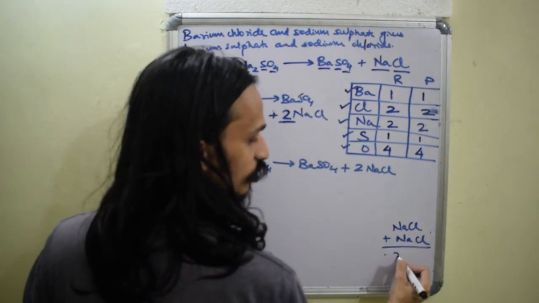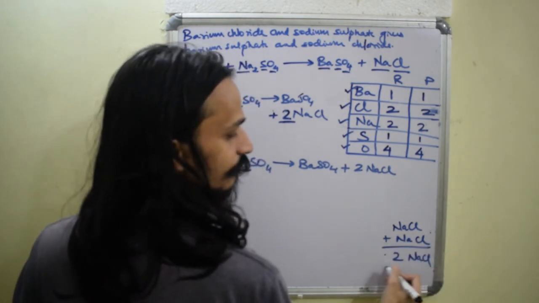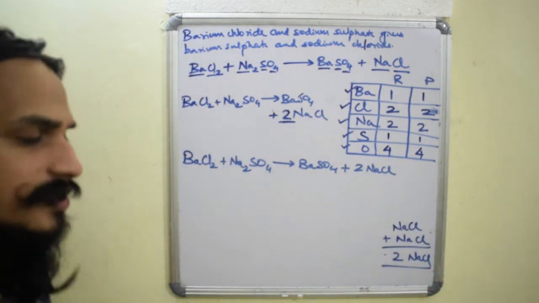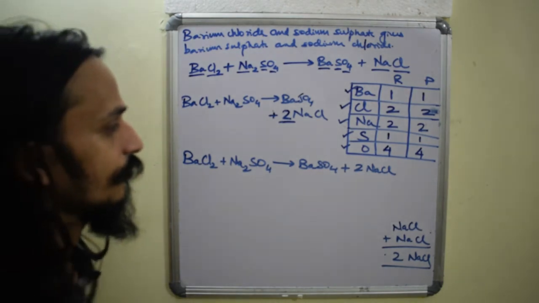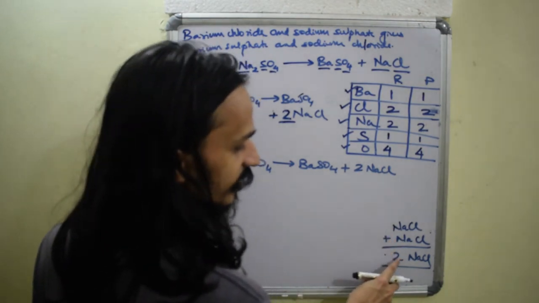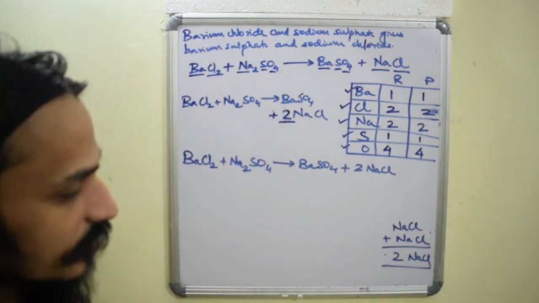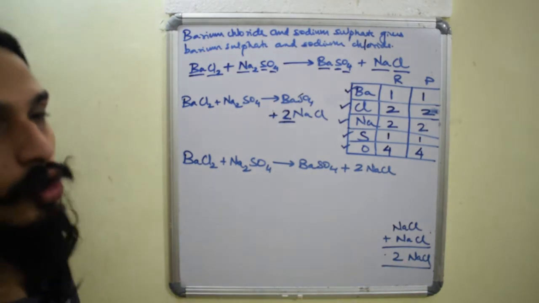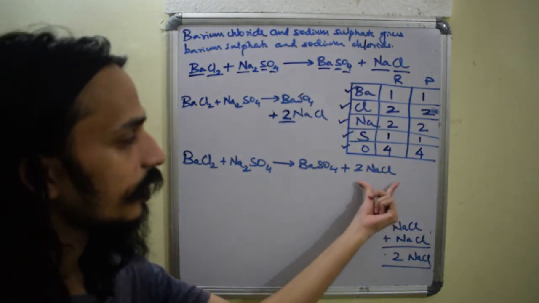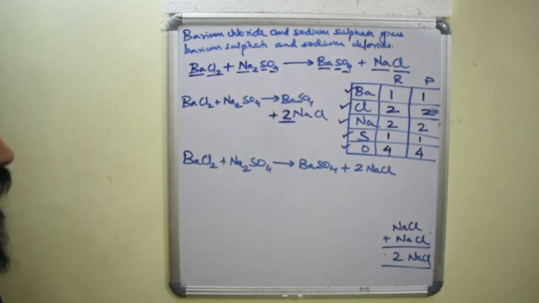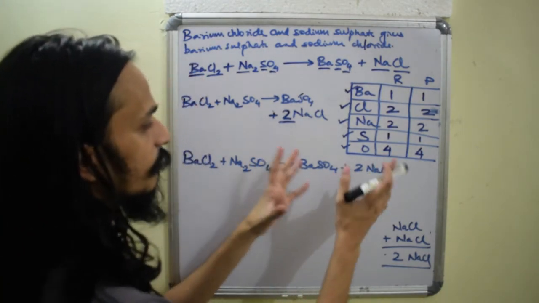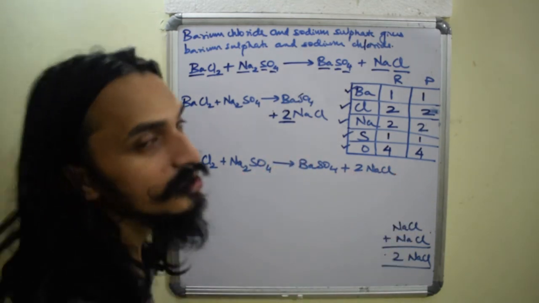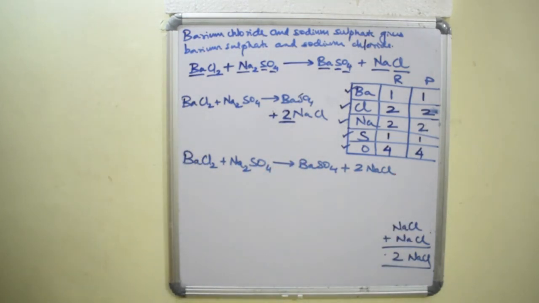Can I write that as 2 into NaCl, if I consider them like x? So essentially it is the same. If I write it as Na plus Na, again it is 2Na, and Cl is 2Cl. So I can simply say 2 NaCl. Either way you understand it, it's the same, because the answer will be balanced once we have this multiplication present in front of the element.